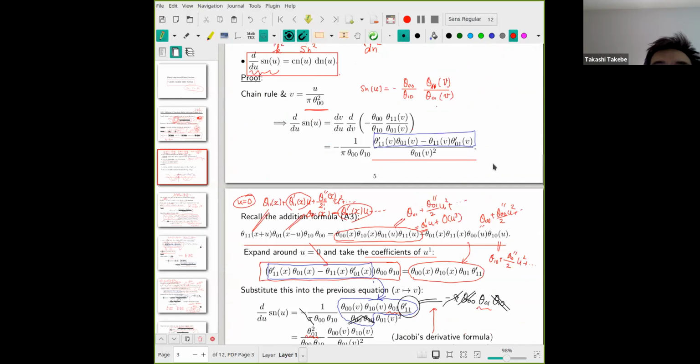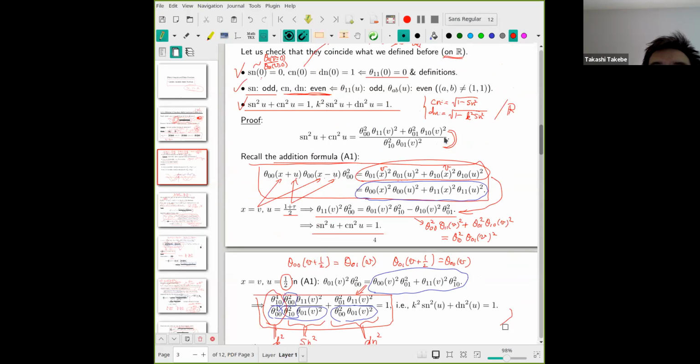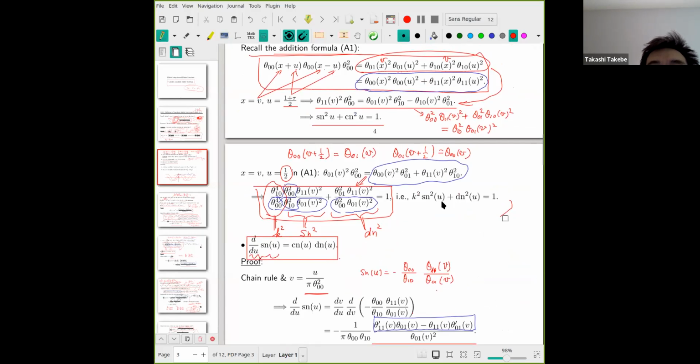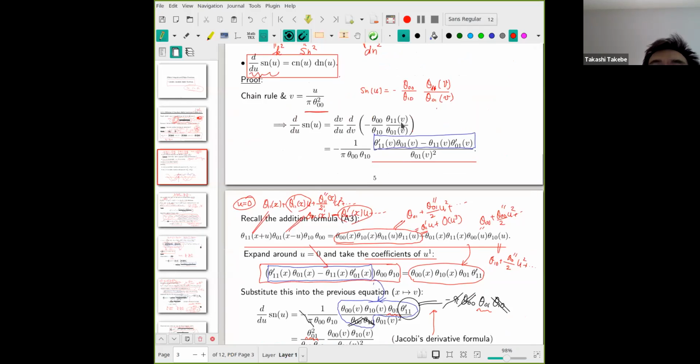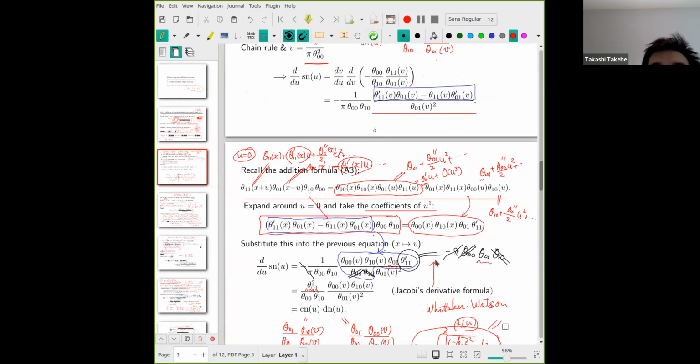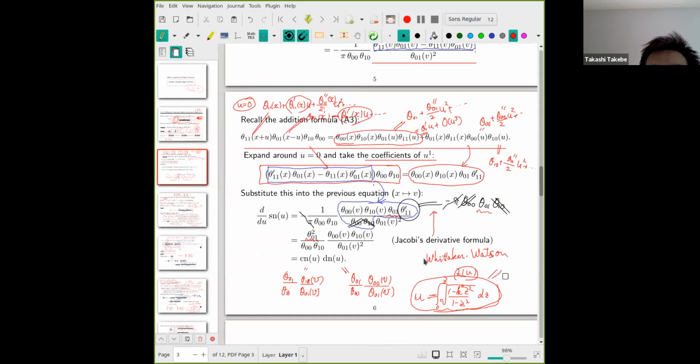Yes. So these formulae are consequences of addition formulae of theta functions, and we have proved that the derivative of Sn is the product of Cn and Dn, also by using addition formula. And also Jacobi's derivative formula.